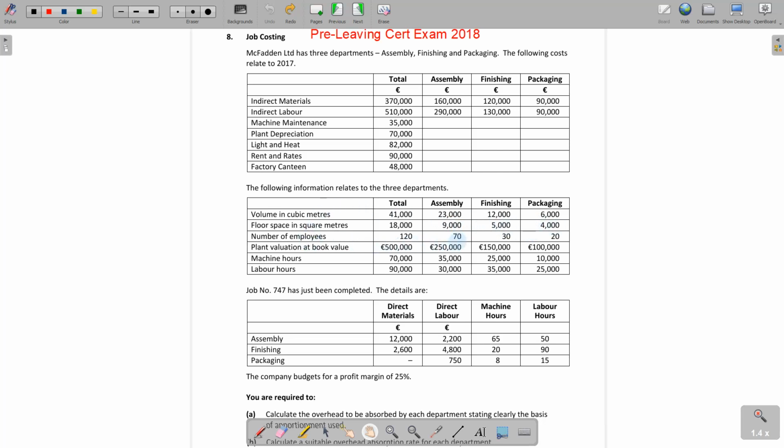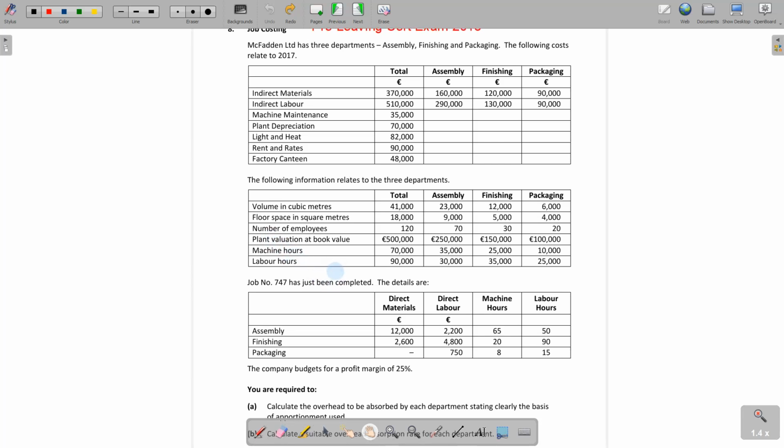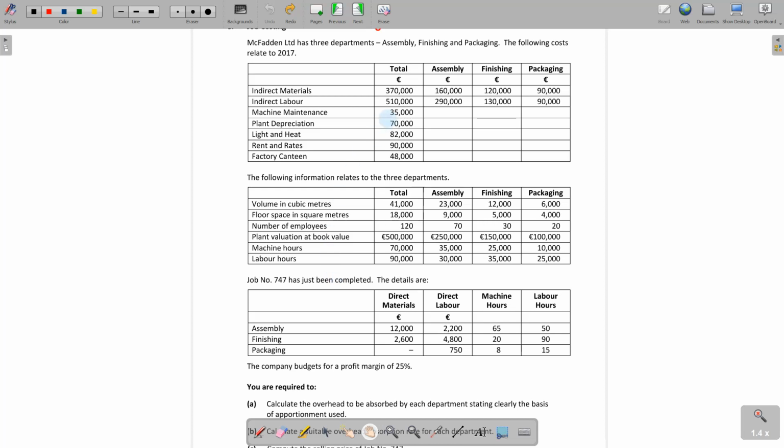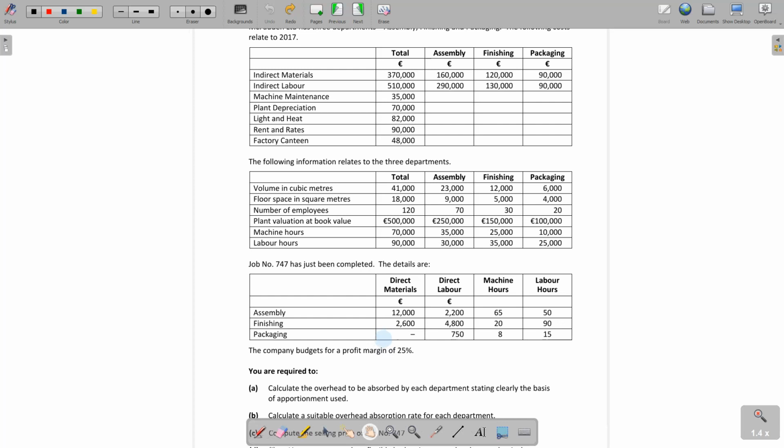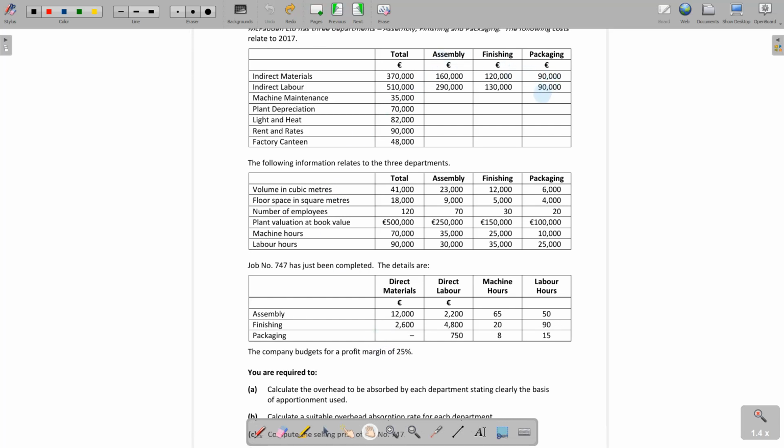Number of employees. The majority of employees work in assembly, and finishing and packaging are much less. The same with the book value of the plant. Assembly is much higher, more machine hours go into the assembly, but the finishing has more labor hours. So these are all different metrics that we need to be able to create rates for each overhead, and then we will absorb or apportion it into assembly, finishing, and packaging.